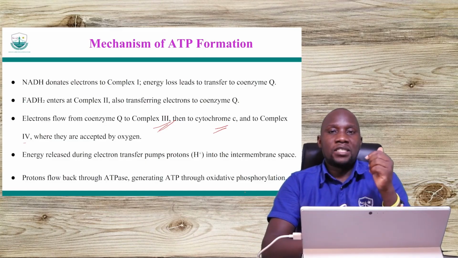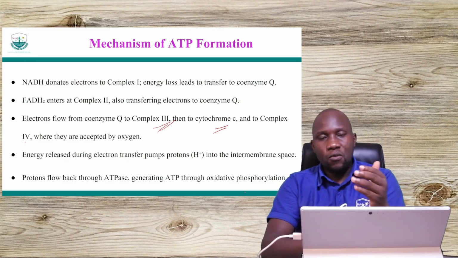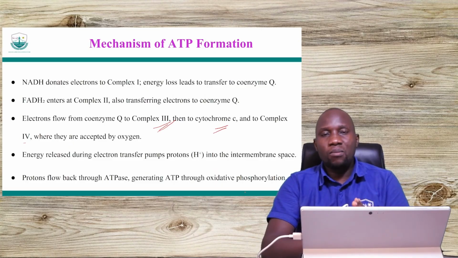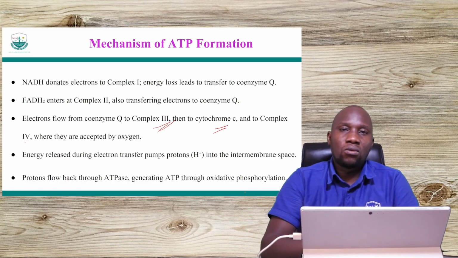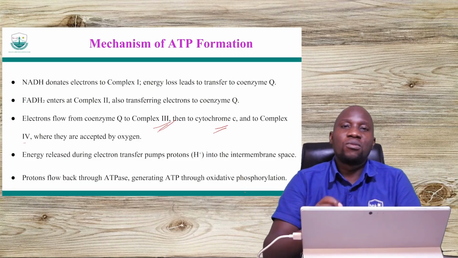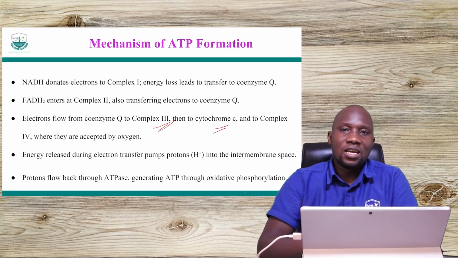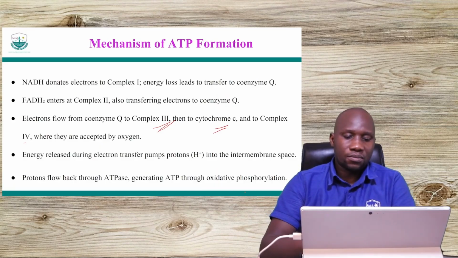Those from NADH, when they enter complex 1, are connected to coenzyme Q, and those that enter through complex 2 also eventually end up at coenzyme Q. Then from coenzyme Q to 3, and then from 3 to 4, and that is where these are accepted by oxygen to form water.